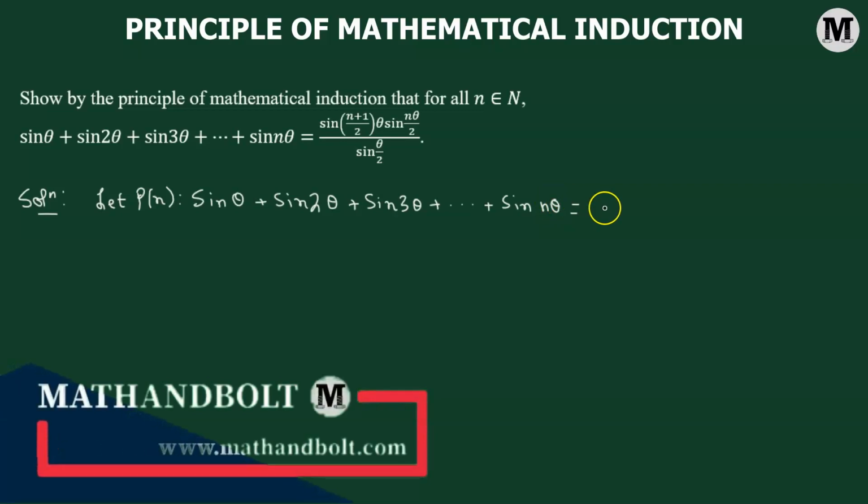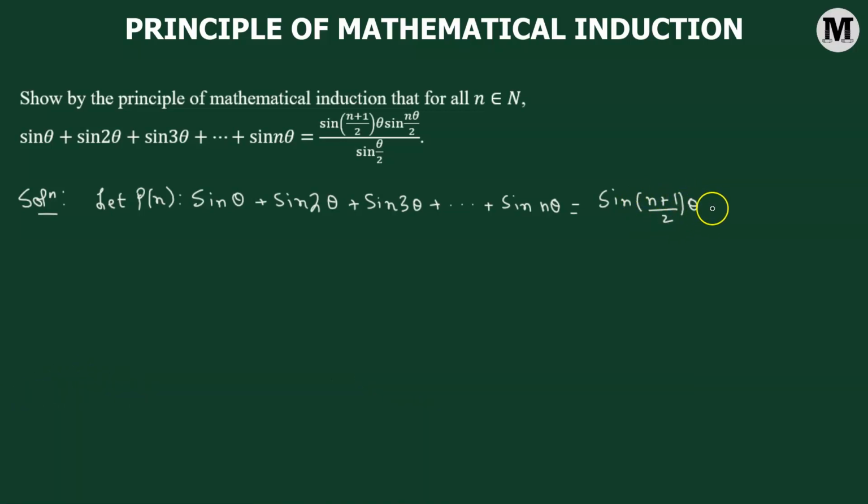The sum is equal to sine of (n plus 1) over 2 multiplied by theta, times sine of n theta divided by 2, whole divided by sine of theta over 2. Fine. Okay, so this is our statement. We're going to label this as statement number 1.